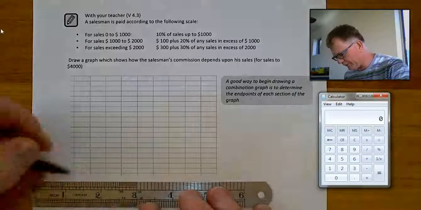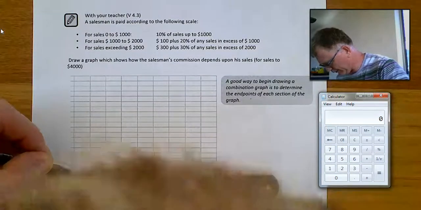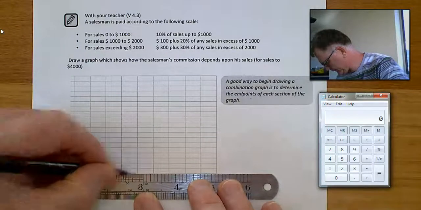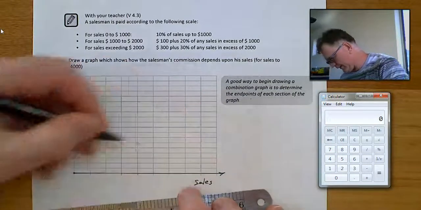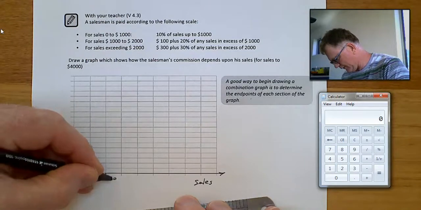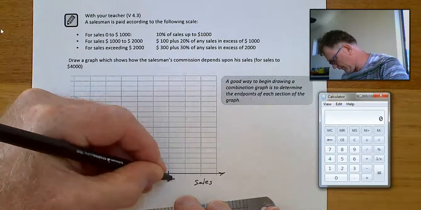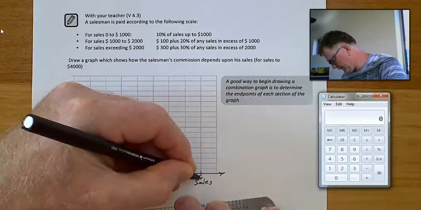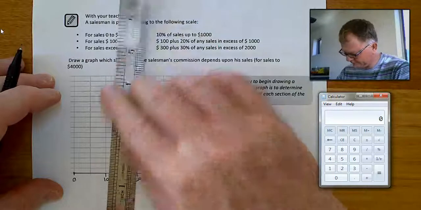On the bottom, our graph is supposed to go up to 4,000, so we'll put his sales on the bottom and make that go up to 4,000, and up the side his pay.